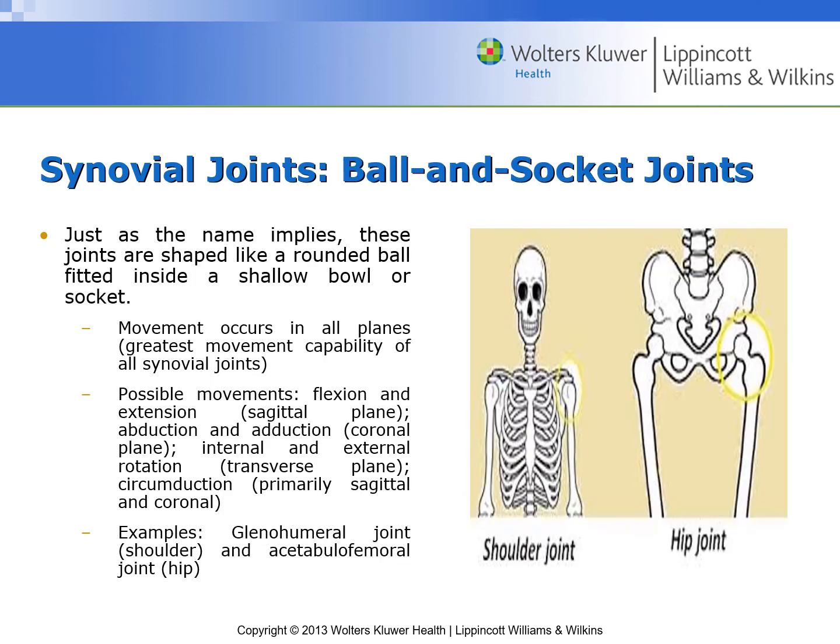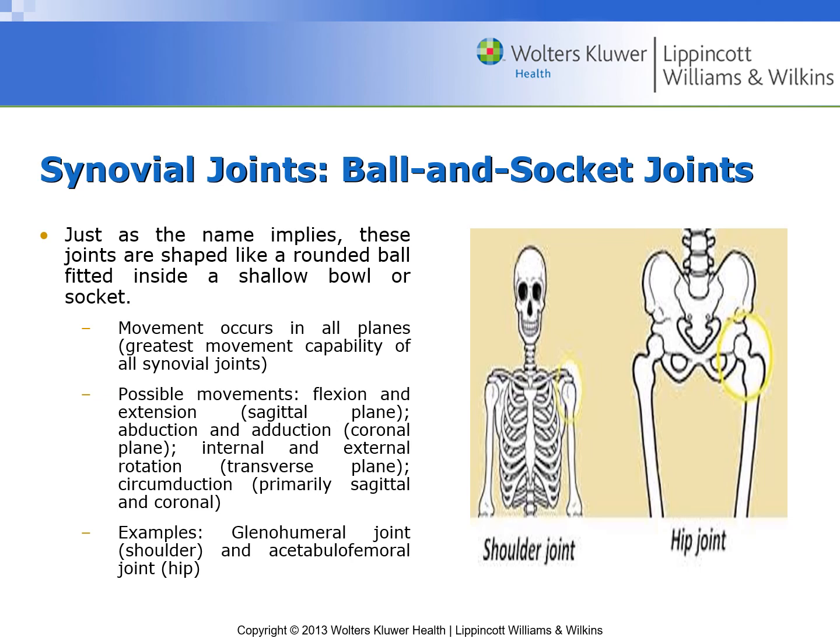The next type of synovial joint that we will consider is the ball and socket joint. Just as the name implies, these joints are shaped like a rounded ball fitted inside a shallow bowl or socket. Movement occurs in all planes, and these joints exhibit the greatest movement capability of all synovial joints.